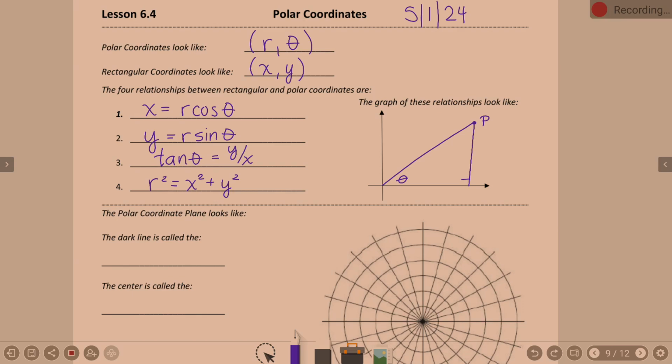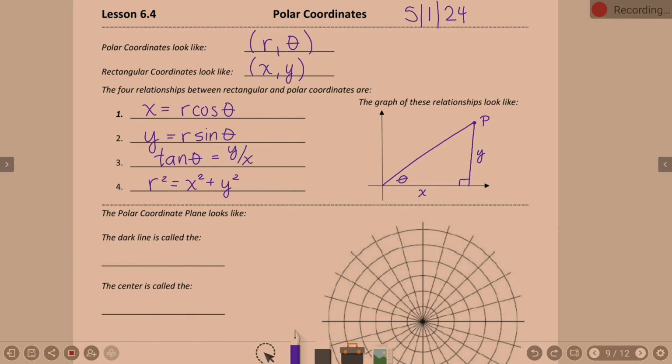Along the bottom is how far you move right, which is your x value. Along the right side is how far you move up, which is your y value.